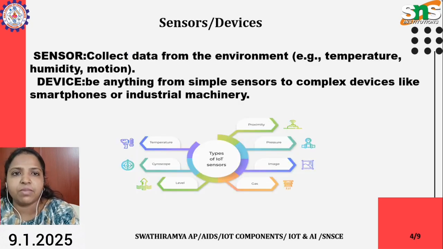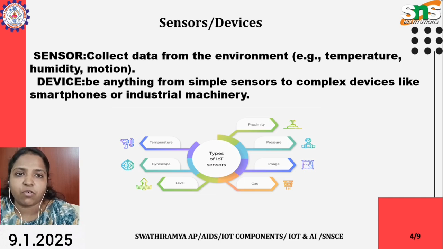So let's see the components of IoT. Let's start from the basic things. The first step of IoT is to collect the data from the real-time environment, so we need sensors. For example, if we need the temperature of the room, you need a temperature sensor. If you need to collect the humidity of the soil, you need a humidity sensor.